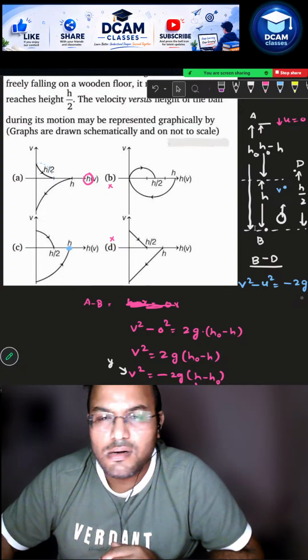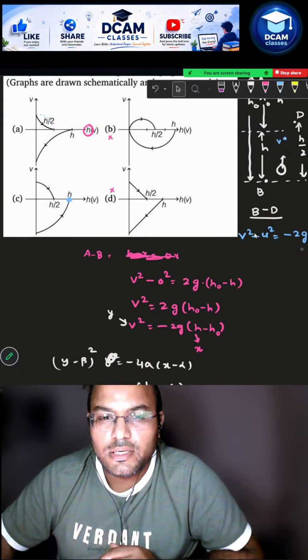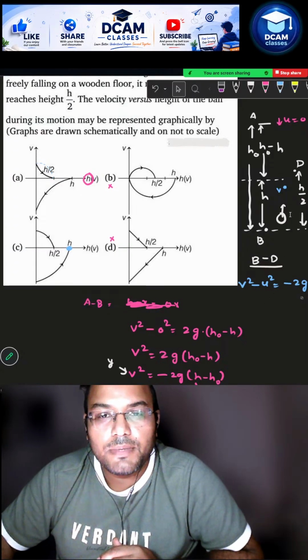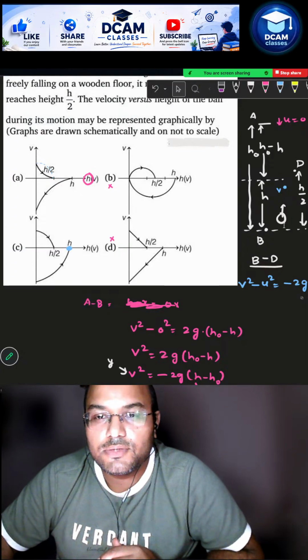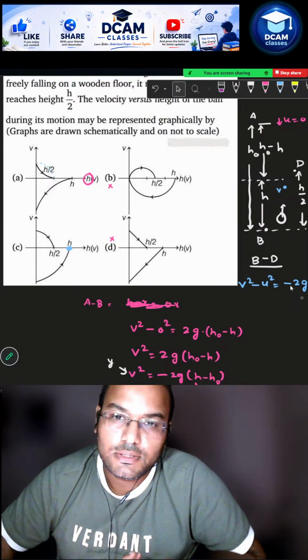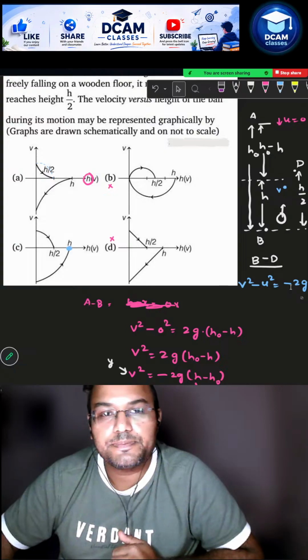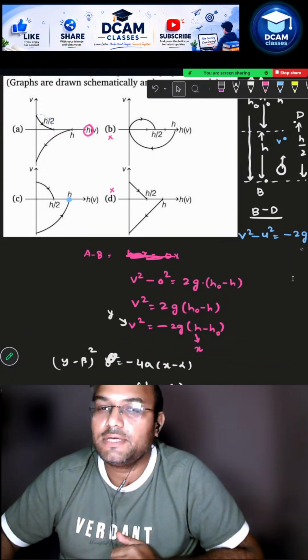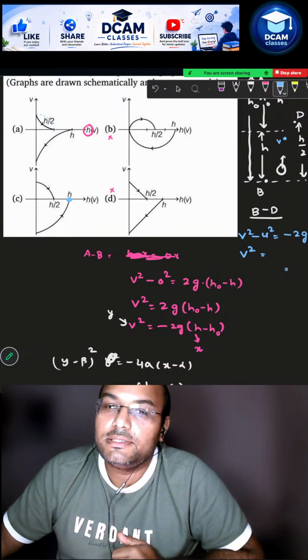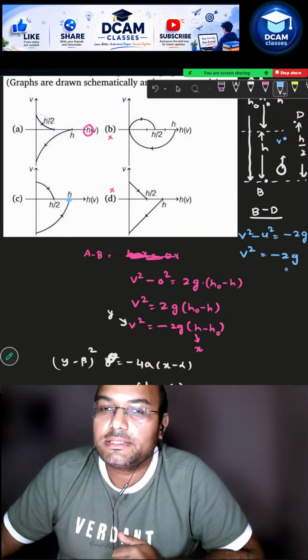Correct only. Displacement, correct. Everything was right. So from the upper case, velocity is upwards, u is also upwards, g is downwards, h is upwards. Okay, this is our equation. So v square is equal to minus 2gh plus u square.